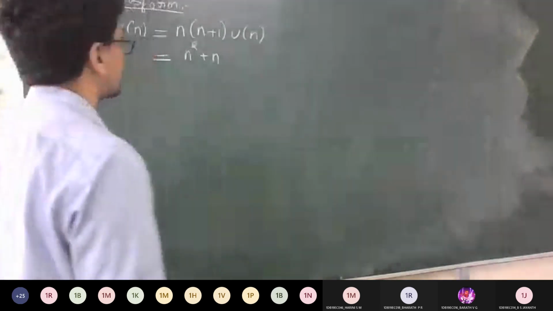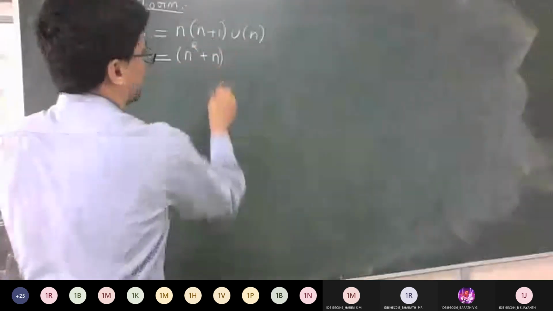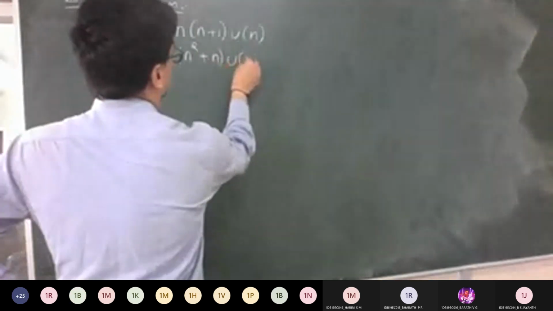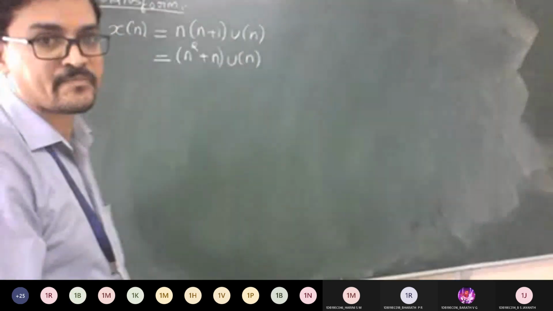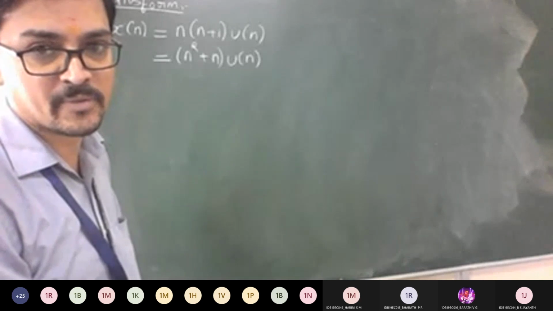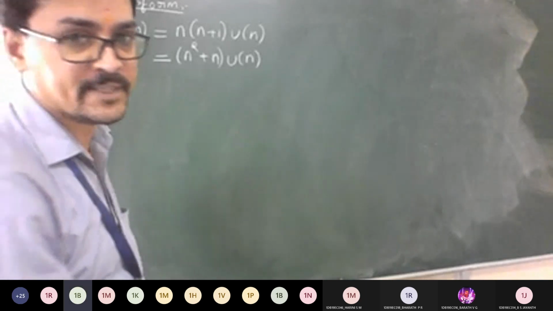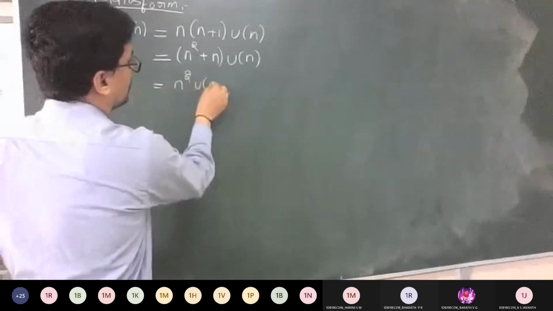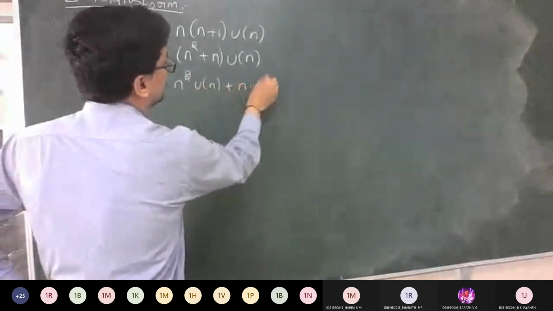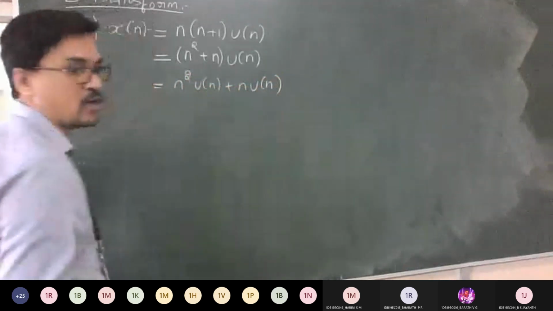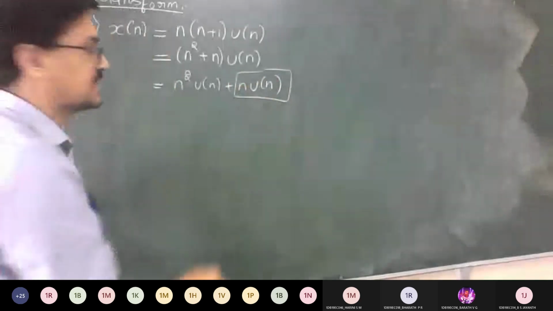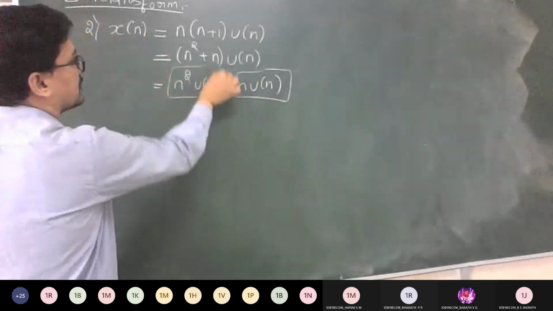So multiply n, it's going to become n square plus n into u of n. Then still it is not in the form, right? So can I multiply my u of n here? Yes, sir. It is going to become n square u of n plus n into u of n. So you got one term n into u of n, and similarly you got n square u of n.